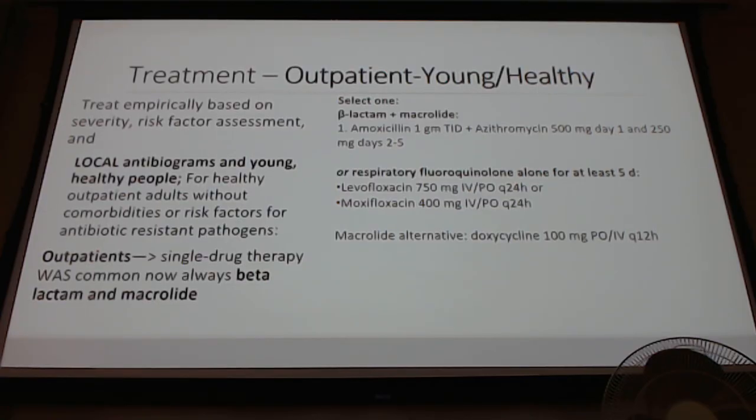So we're no longer using monotherapy, but we want some sort of beta-lactam, and then we want to add on our additional coverage on there. So that's either azithromycin or doxycycline. And then if you want to do monotherapy, that's not usually in our young healthy population, but some people still give a fluoroquinolone or respiratory fluoroquinolone as well.